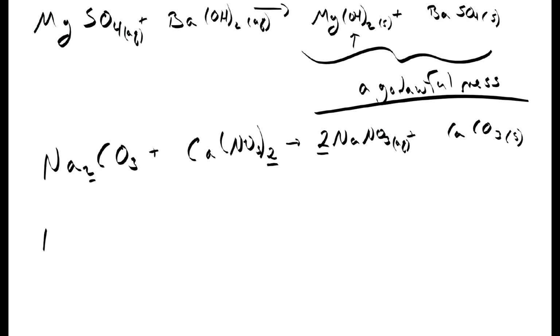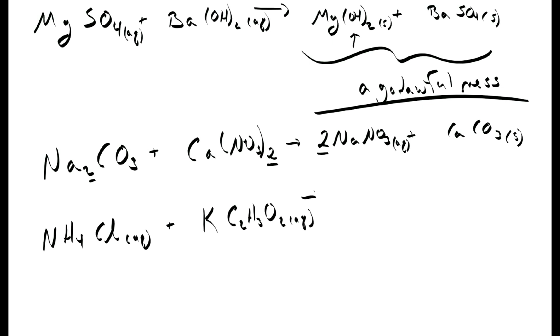All right, let's go with ammonium chloride, aqueous, and potassium acetate, C2H3O2, aqueous. You mix those up, and what do you get? You get potassium chloride plus ammonium acetate.